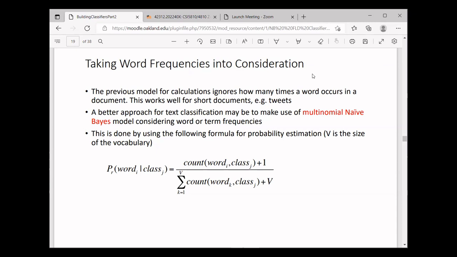That was meant for binary features, because a binary feature has only 2 possibilities, 0 or 1. So that's why we were plugging in 2 in the denominator. This formula is known as the multinomial naive Bayesian model, because you're looking at not 2 possibilities, but multiple possibilities. In text classification, typically that is what you will be using.